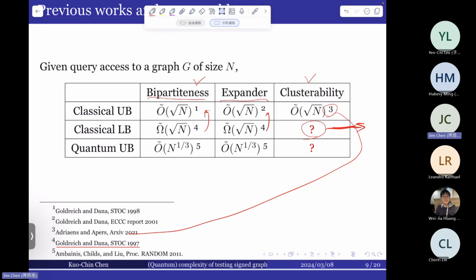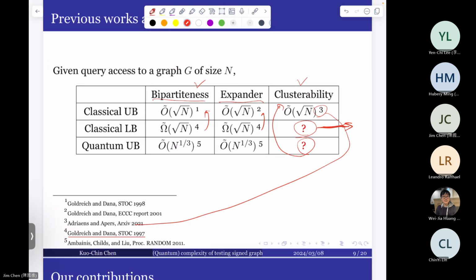So this is our first main result. And our second result is we propose a quantum algorithm which outperforms this classical algorithm. In other words, we demonstrate the quantum advantage for the clusterability testing problem.